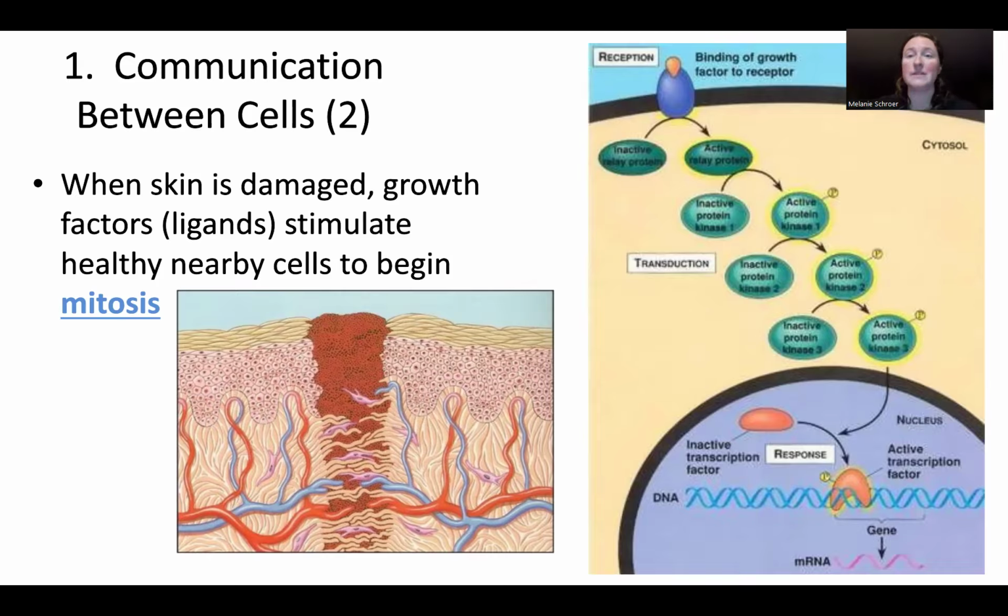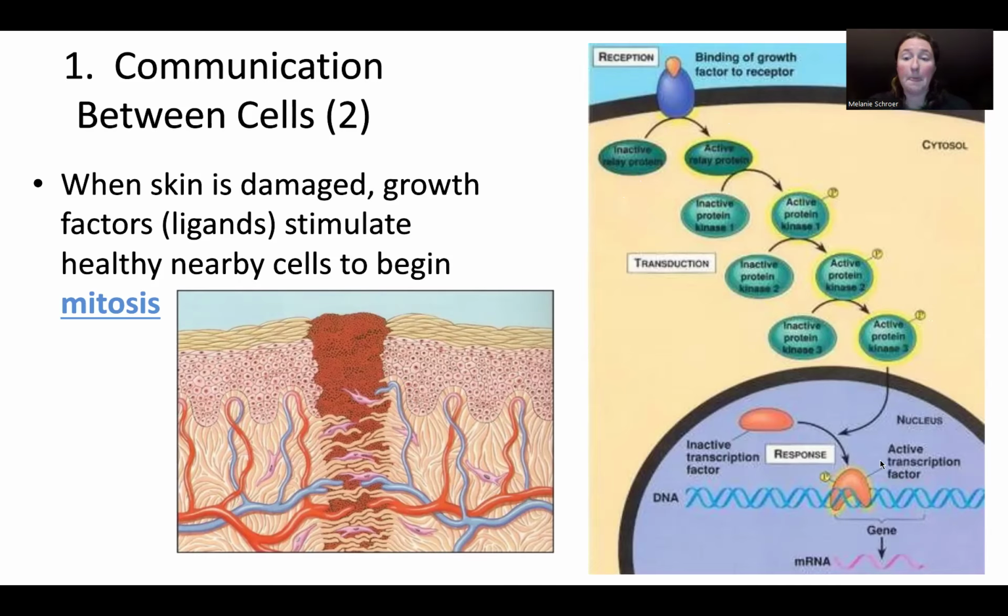And so what happens is that a growth factor binds to its receptor on one of these surrounding cells here. And that actually induces a chain reaction of a signaling pathway called a phosphorylation cascade inside the cell. And what this cascade does is it essentially amplifies the response so that we get a really big response really fast.